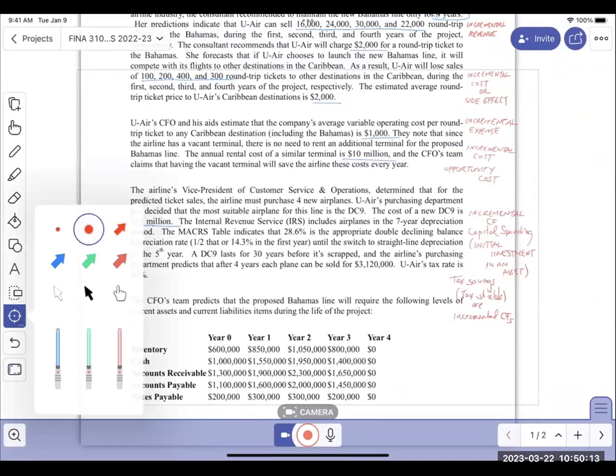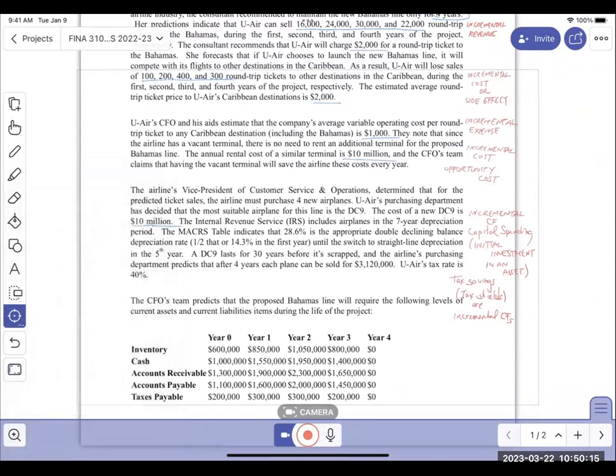Let's see what else we have. So, okay, a DC9 lasts for 30 years. So even though depreciation is over 7 years and the project is only 4, I keep that in mind too. It's only a 4-year project.